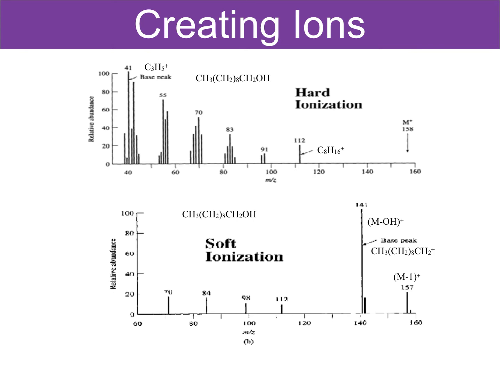Okay, so here I'm going to show you what I mean. What I've done is I've taken the same molecule. We've got this long alcohol and hard ionization. This is probably an electron impact method. Notice that our molecular ion at 158 doesn't exist. Whereas soft ionization, we get the molecular ion, okay, minus a hydrogen, but okay, we can deal with losing a hydrogen.